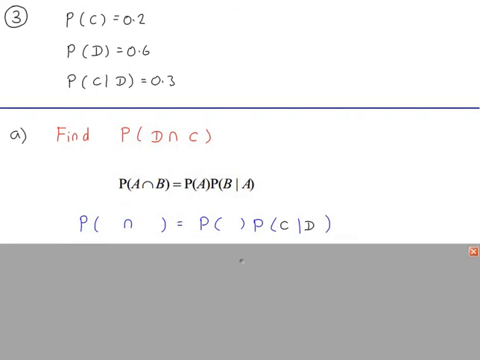So in our formula, the conditional part is C given D, in this order. C given D, which represents this part of the formula.